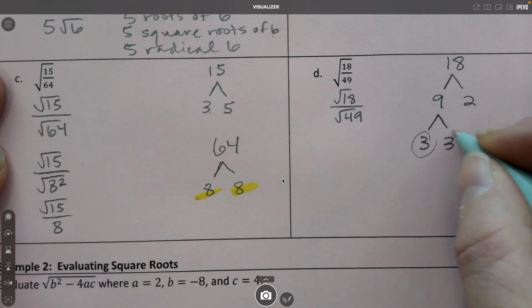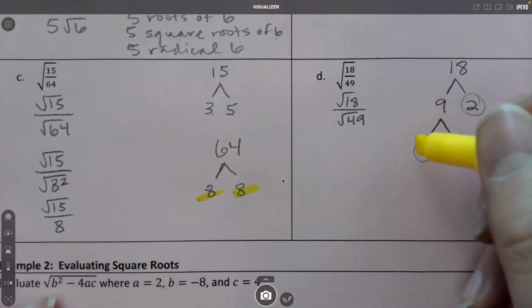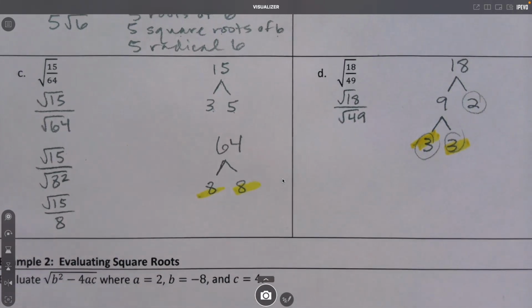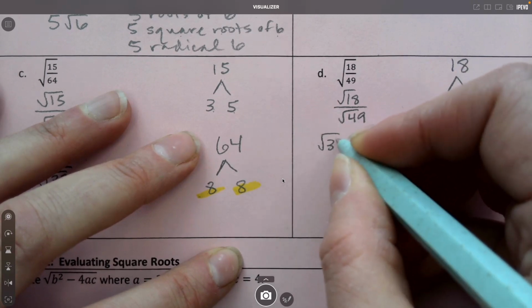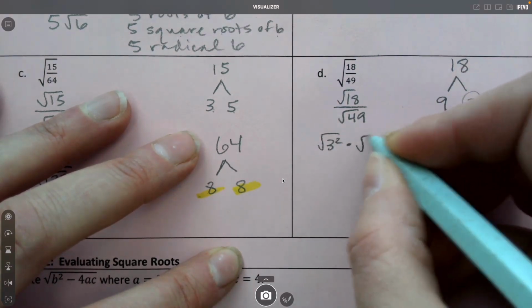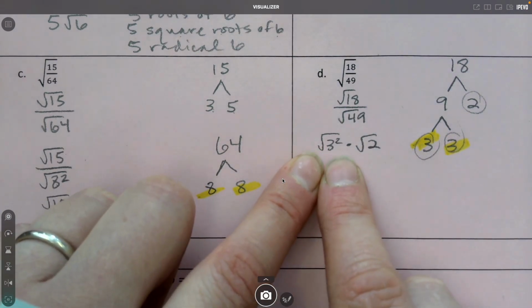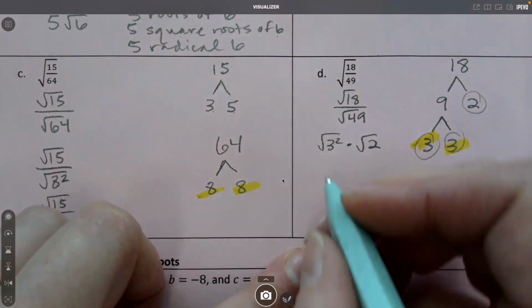So we end up with 3 times 3 times 2. I'm always looking for 2 of the same factor. So I have 2 factors of 3. That means my 18 I can rewrite as the square root of 3 squared times the square root of 2. These are the ones I want together because I know I can square root a square. This is the one that's left alone inside my square root.